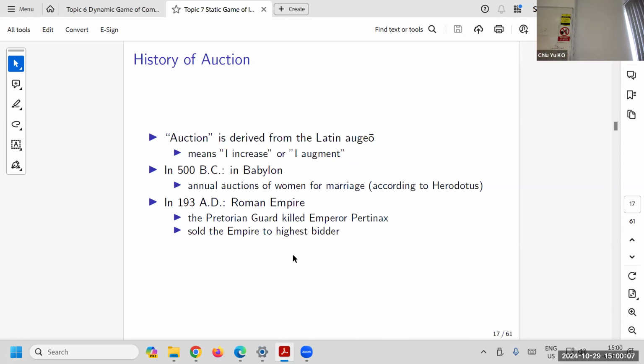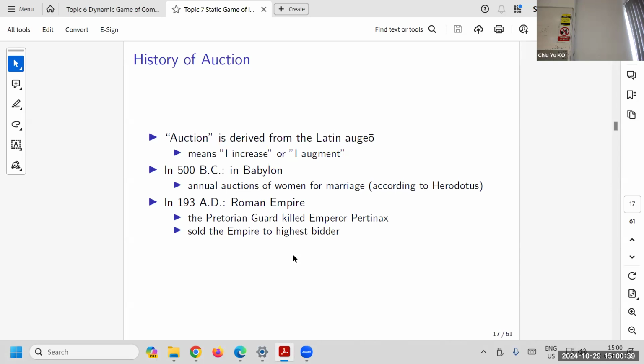So the word auction actually derived from a Greek word that means increase. It's augment, right? It means I increase, I add, because the price starts from very low. One of the earliest and most interesting histories about auction is that marriageable women were actually auctioned in the public square.